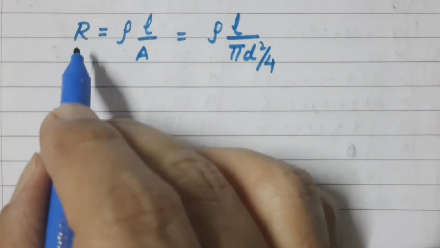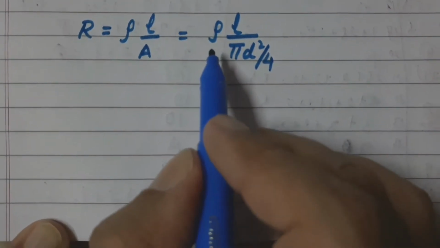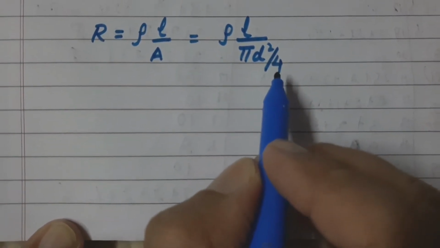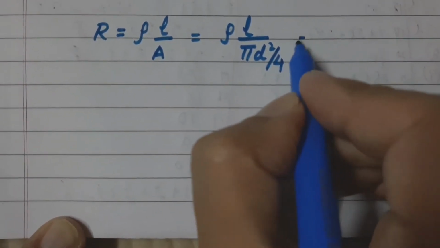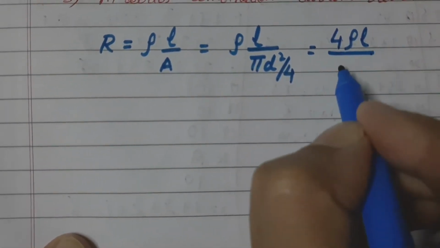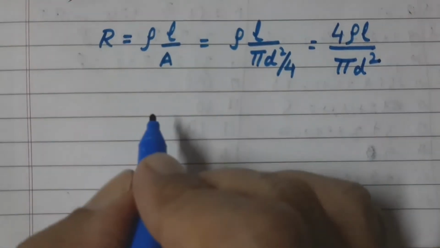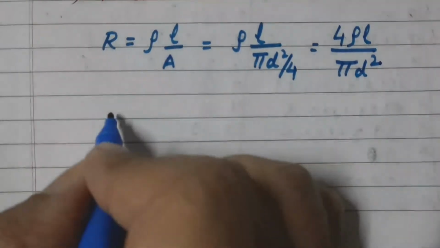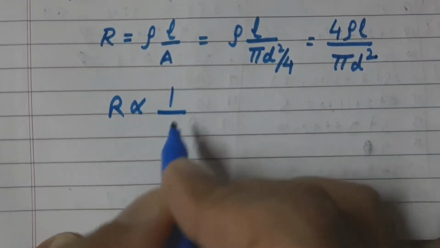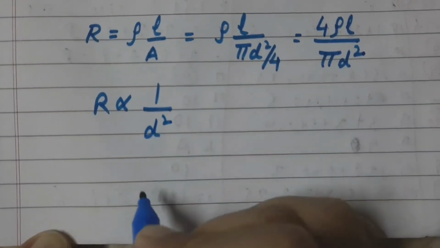As we know, R equal to rho L upon A, which in turn becomes rho L upon pi d square upon 4. We can write this likewise as 4 rho L upon pi d square. From this we can write that R is inversely proportional to d square.